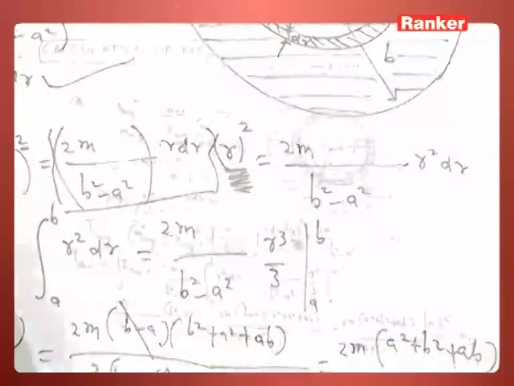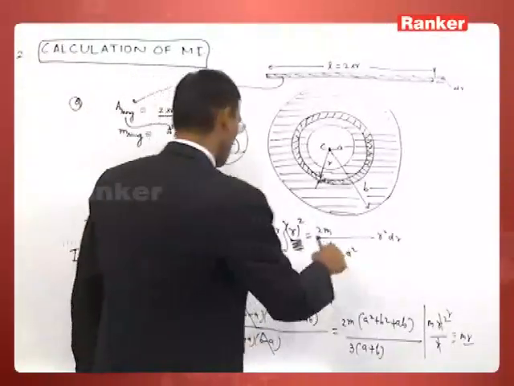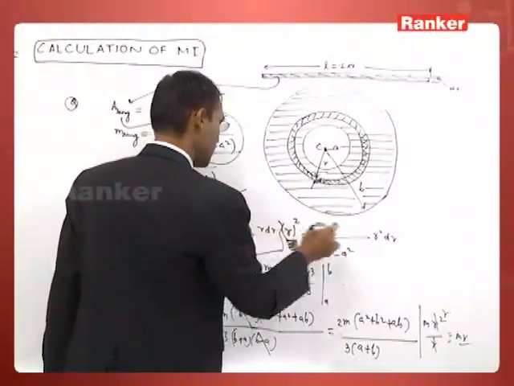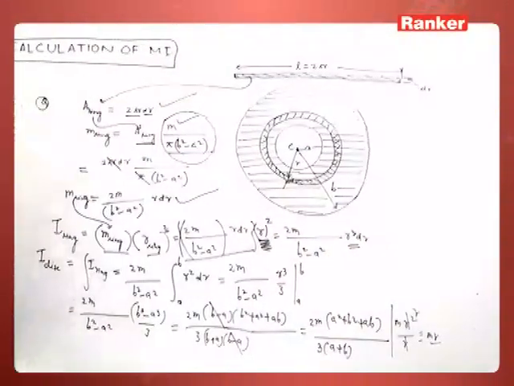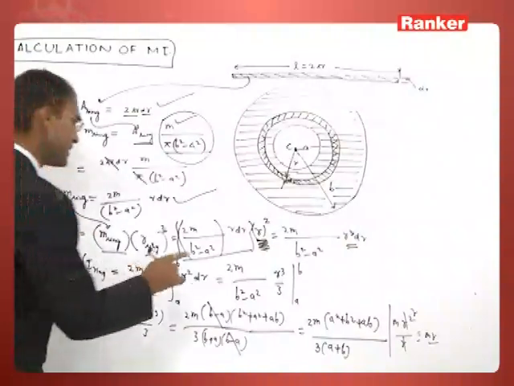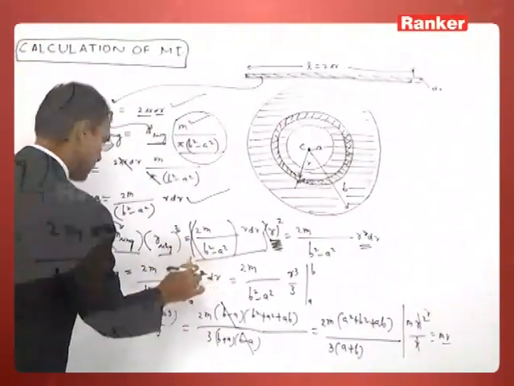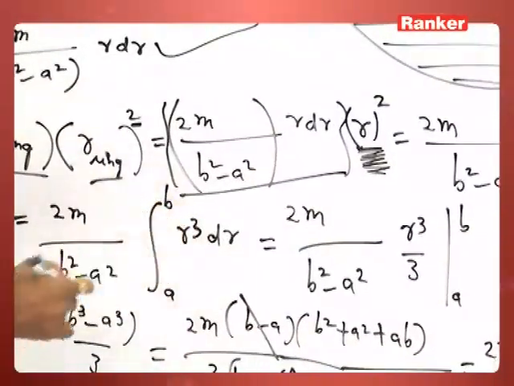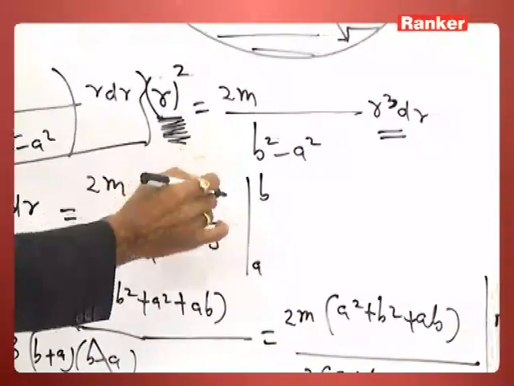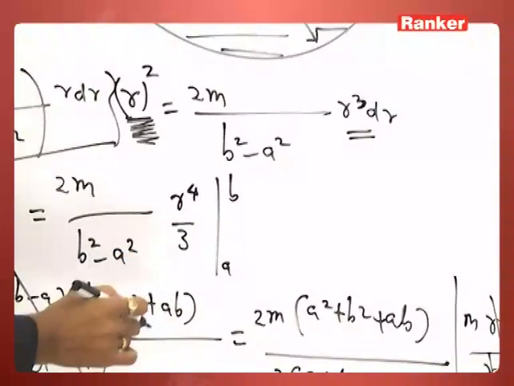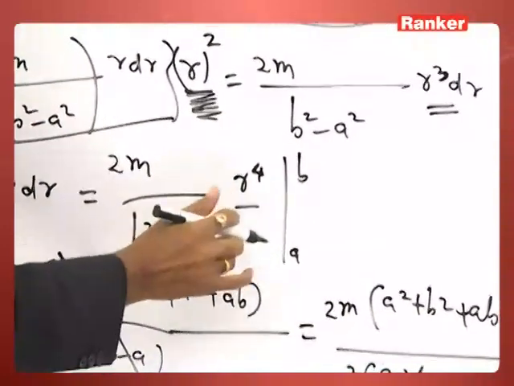You have to put the square. When you put the square, this will be r into r square, this will be r cube. Here is the mistake. How to point out the mistake? That is an art. So, this will be r cube dr. So, integration of r cube is r4 by 4, not 3.